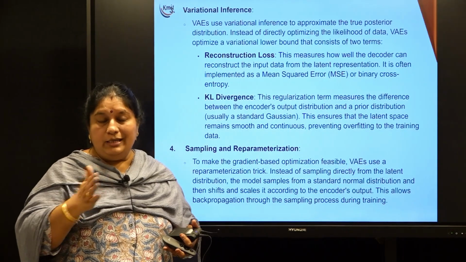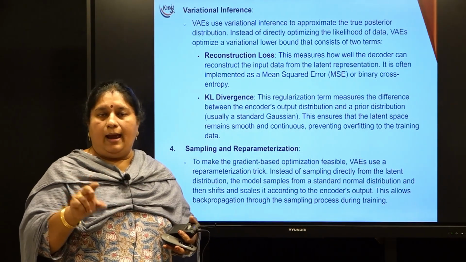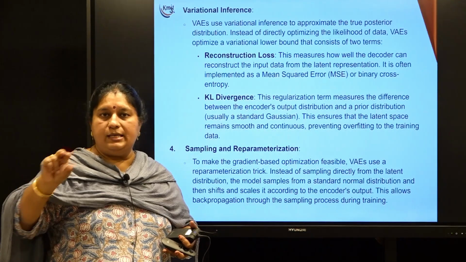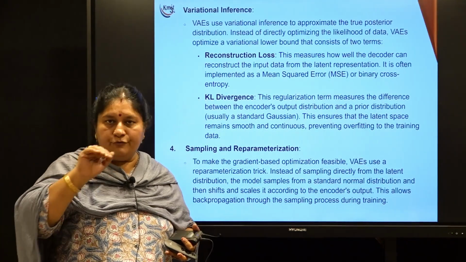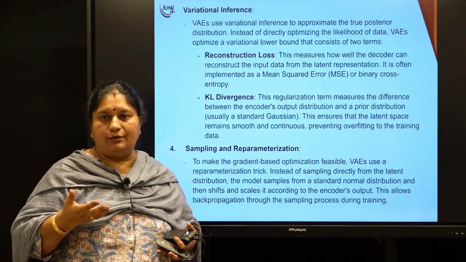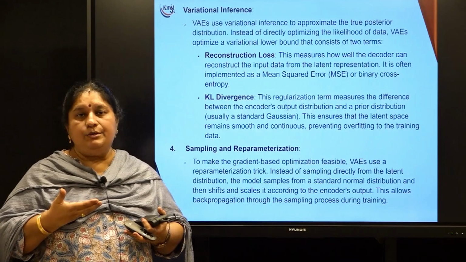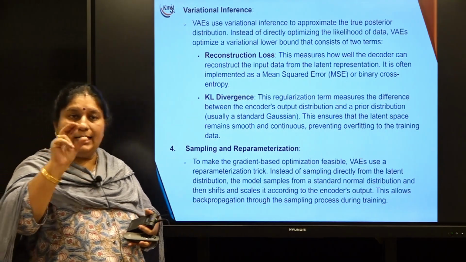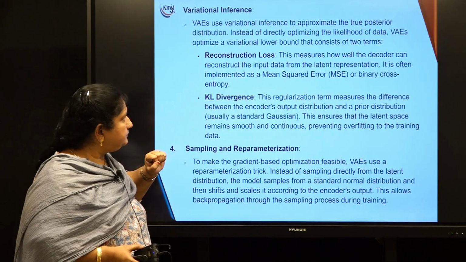So I need to avoid 6 MB of the data from the image, and I should create a 2 MB version of the same passport size photo, which should look like my photo only, right? Because I am applying for that. So how is the decoder able to reconstruct the image with lesser size? That comes under reconstruction loss.